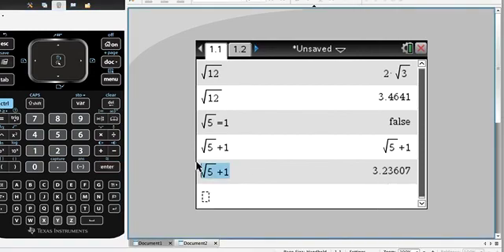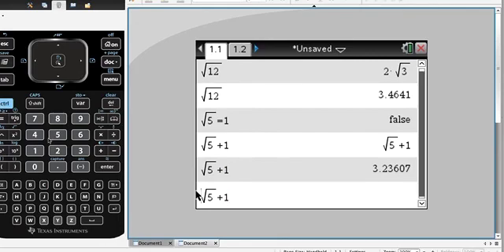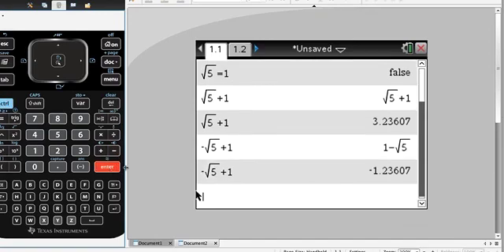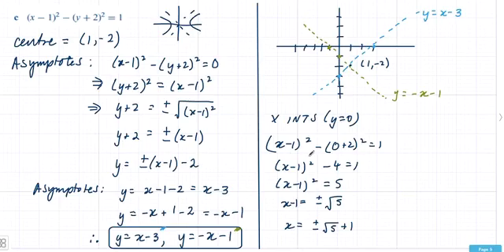And we want the negative as well, and we'll just approximate that. So negative 1.23 and 3.23, or 3.24. We'll just round it to 3.2 and negative 1.2. So they're going to be our intercepts.